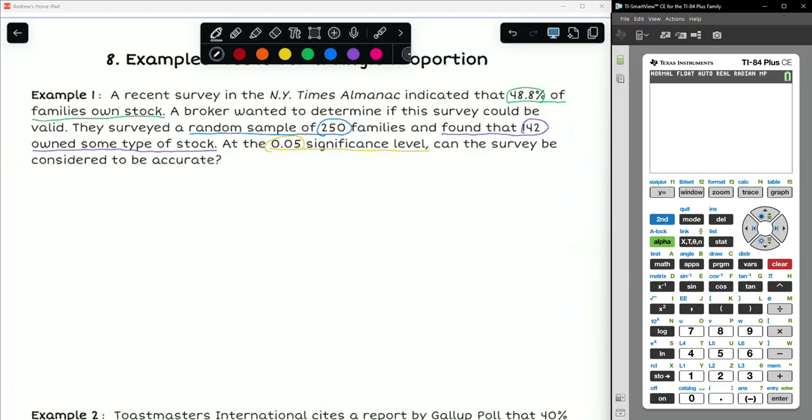So let's go ahead and start by organizing our information. We're testing a claim about a percentage or proportion. So my parameter is p, and that equals the proportion of families that own stock.